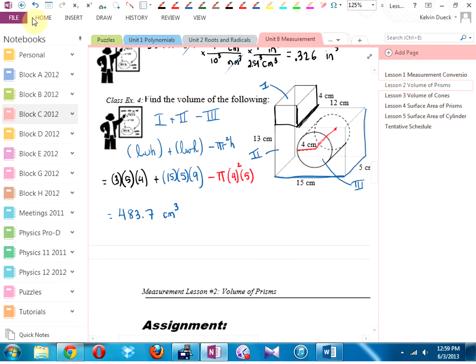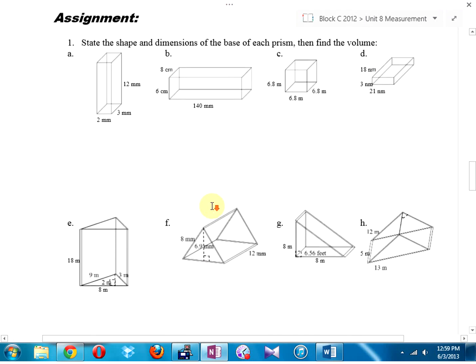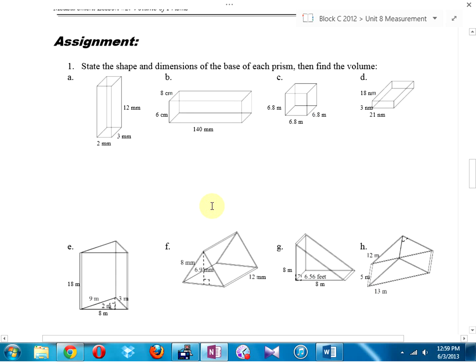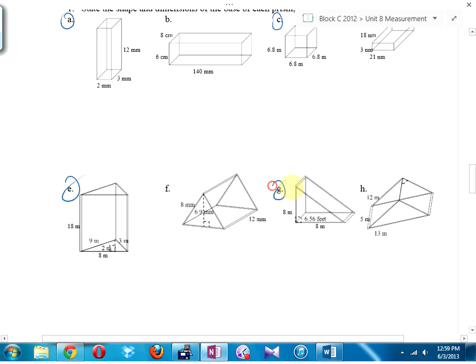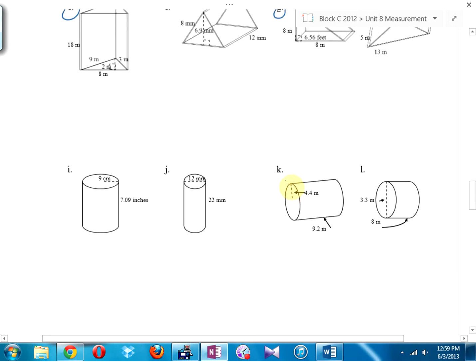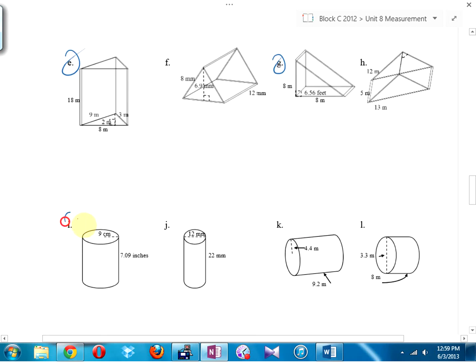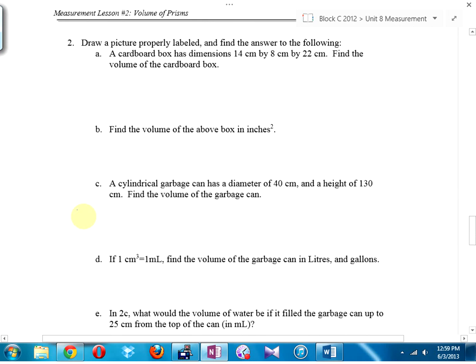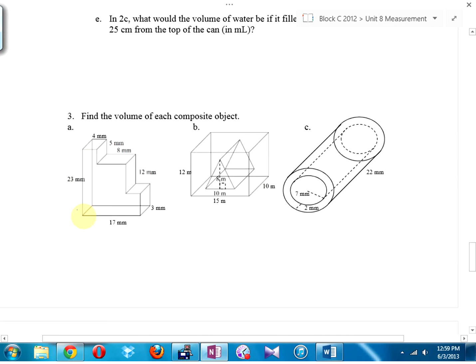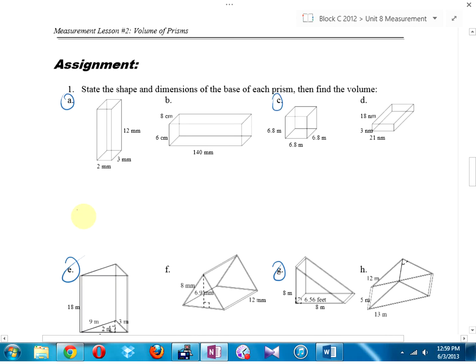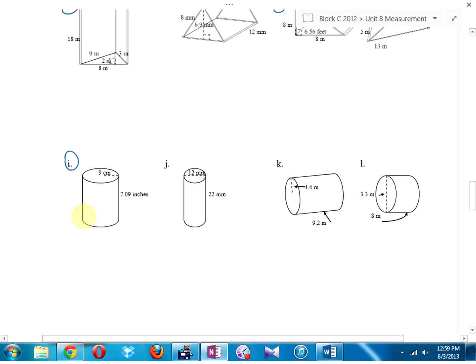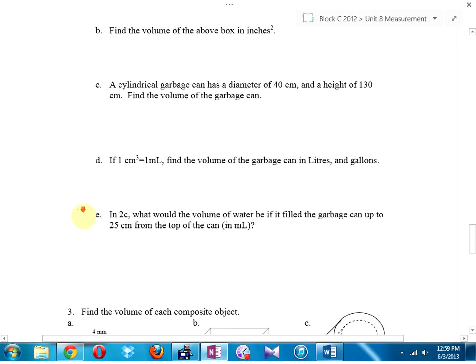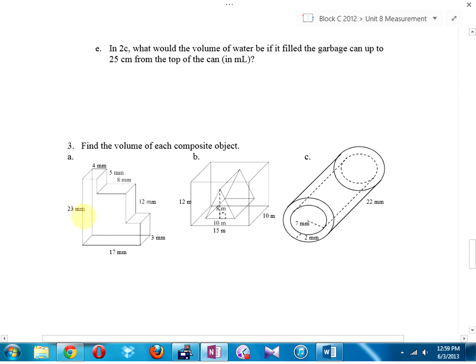From assignment 2, number 1, A, C, E, and G. H, I. And I suspect, sorry, A, C, E, G, I, no H. I suspect the stuff they're going to throw at you on the provincial are these ones where there's shapes cut out.